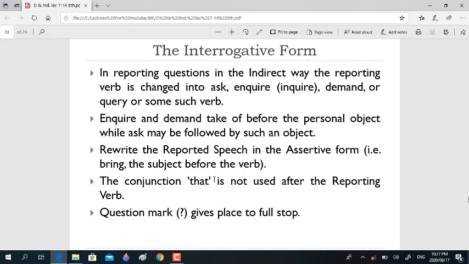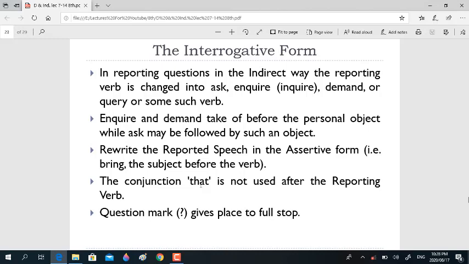The conjunction that is not used after the reporting verb when there are WH sentences. If you have sentences that begin with auxiliaries, like do you like my pen, did he bring a new car, did he buy a new car, these kinds of sentences do take that.